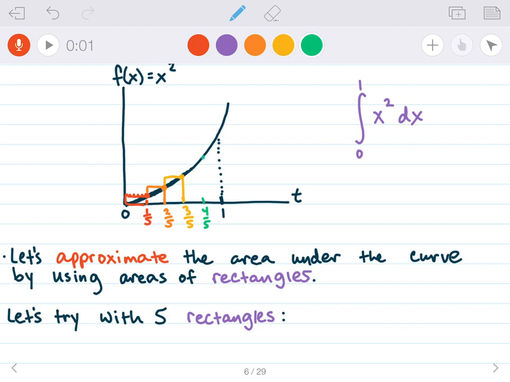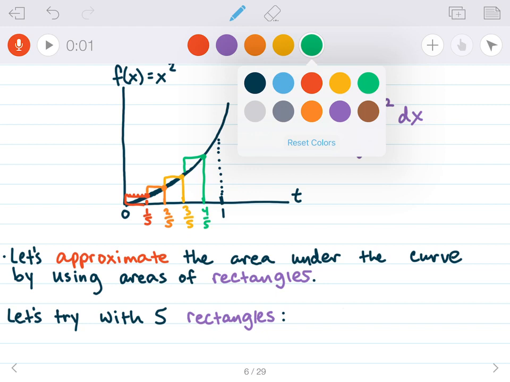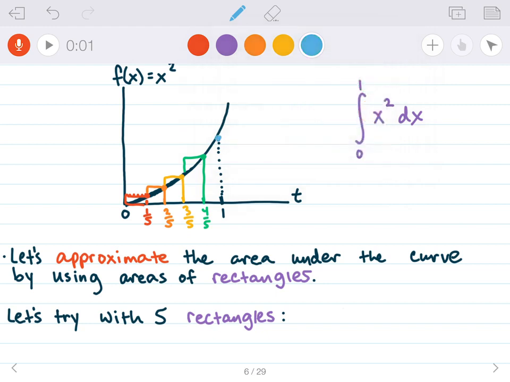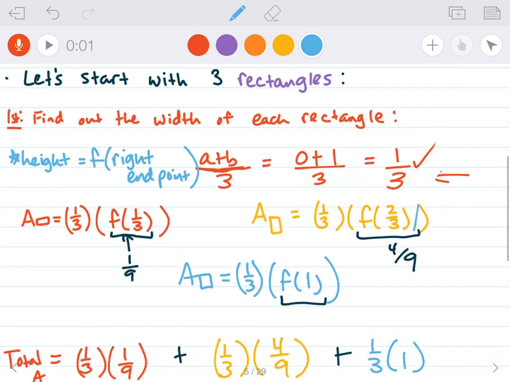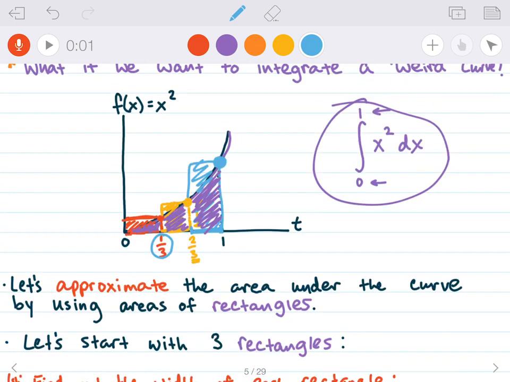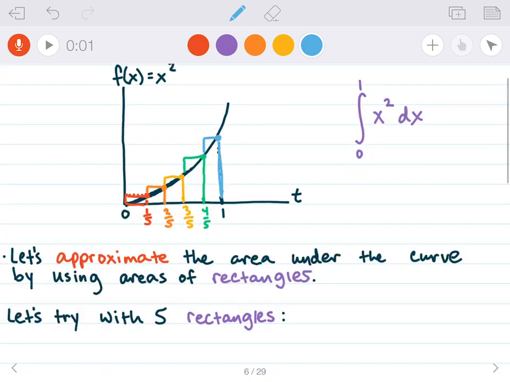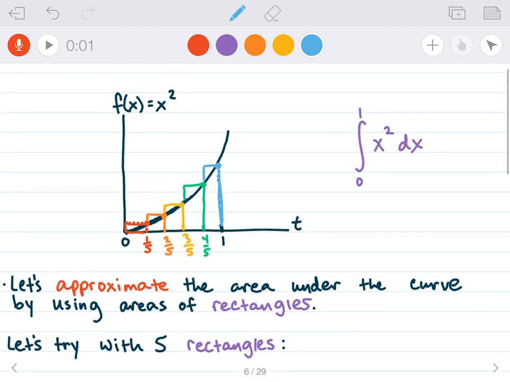So there's my fourth one and then my fifth one. So 5 rectangles. This should give us a better approximation, right? Because the width is skinnier and we have less area on the outside than we did before.